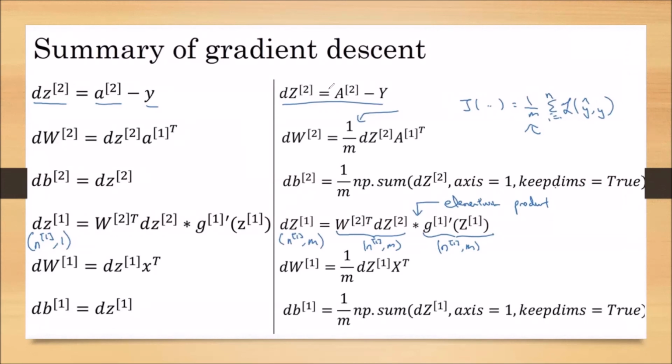Based on this, we will apply these steps in the gradient descent algorithm. In the gradient descent algorithm, we use only 4 steps: DW2, DB2, DW1 and DB1. We will keep on updating.